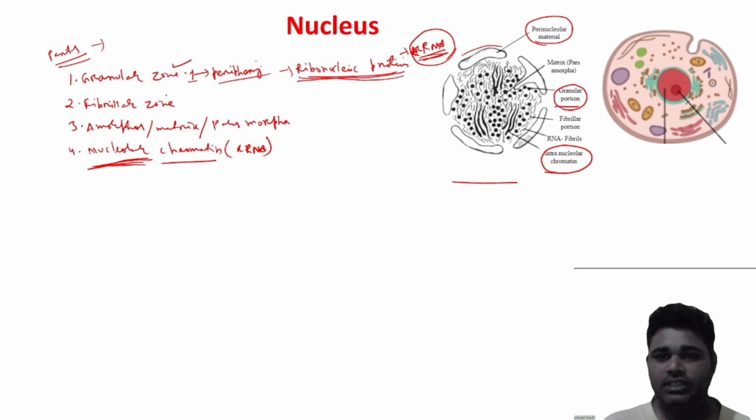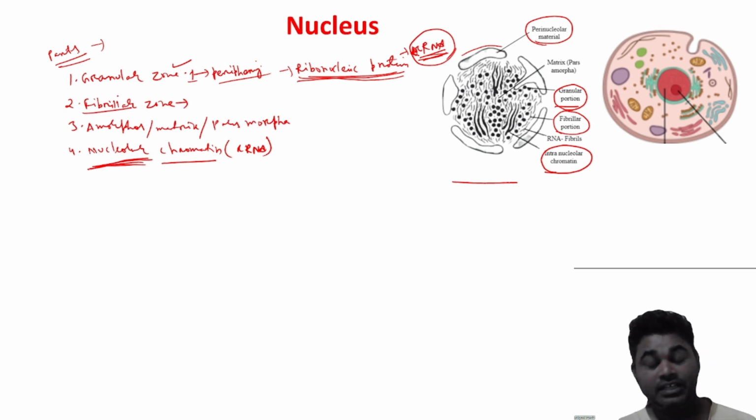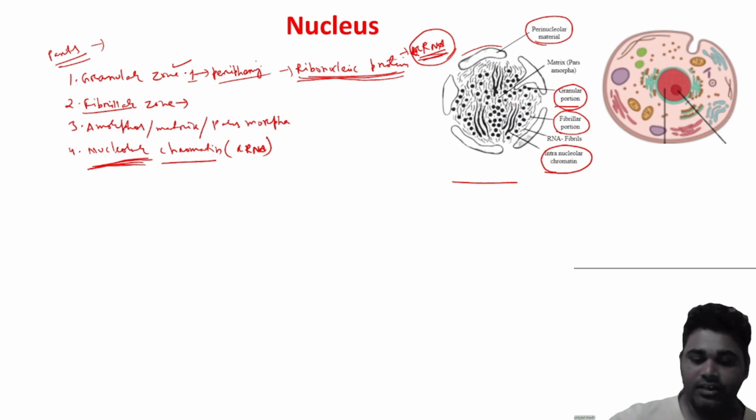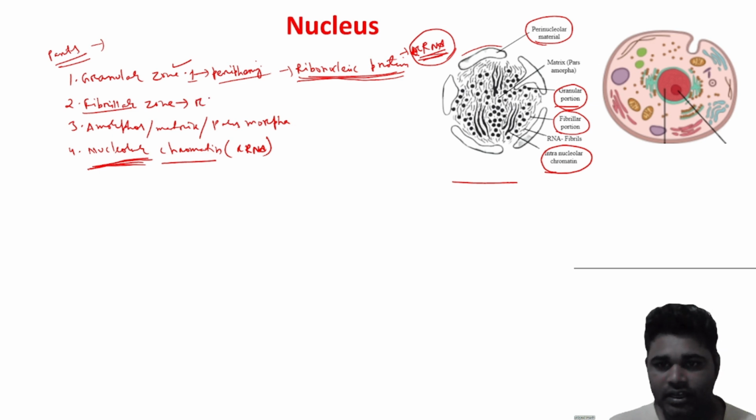The second one is called the fibrillar zone. Look at this structure. This is the fibrillar zone, and as the name suggests, it is a fibril-like structure present inside the nucleolus, in the center, inside the granular portion. It contains rRNA plus proteins, and that is the non-histone protein.